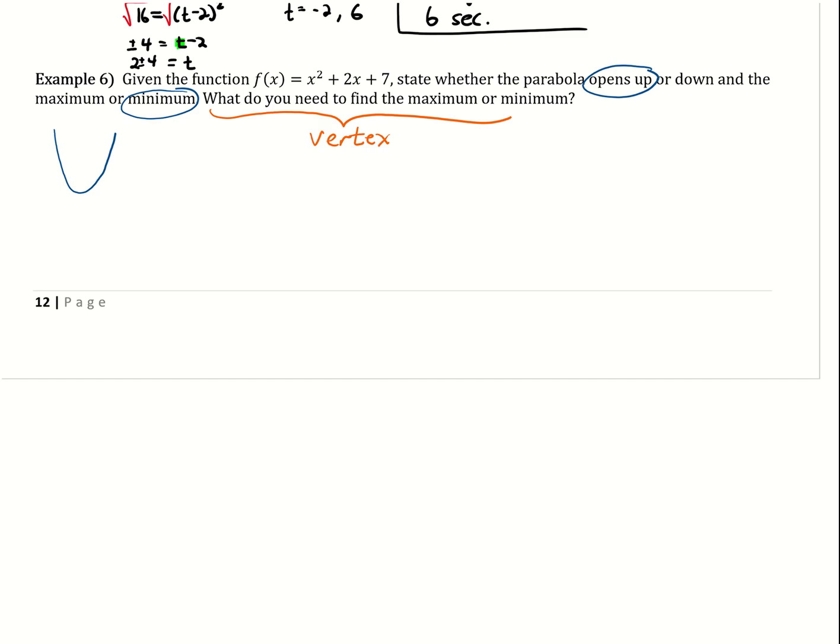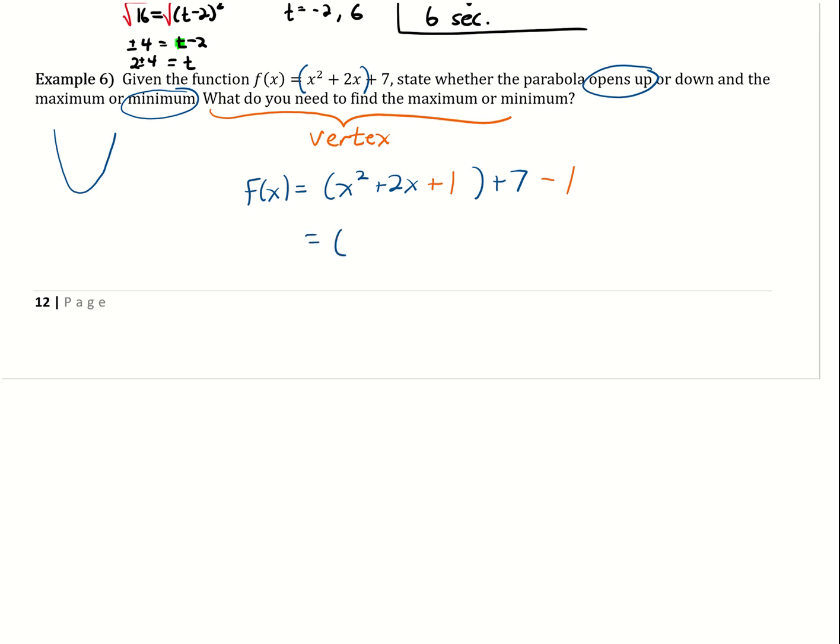And the way that we're going to find the vertex is completing the square, just like we've had to do on many of these other questions. So we group the first 2 terms. So f of x is, there's nothing in front of x squared, so we got x squared plus 2x, leave a space, plus 7. Half of 2 is 1, 1 squared is 1, so we're going to add 1 here, we're going to subtract 1 here.